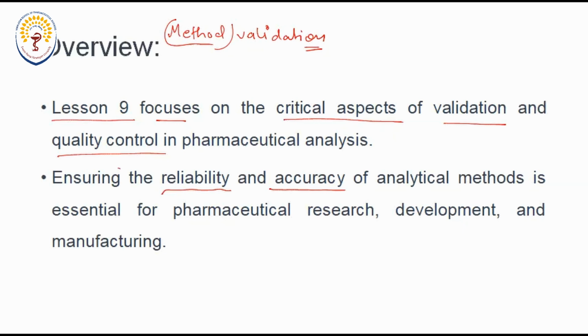To ensure that these methods are reliable and accurate, we perform validation analysis, or method validation. There is not much to say that method validation is very important for pharmaceutical research, development, and the manufacturing process.